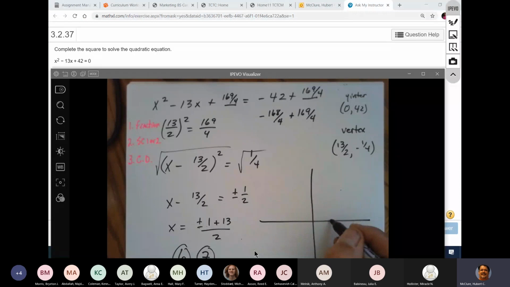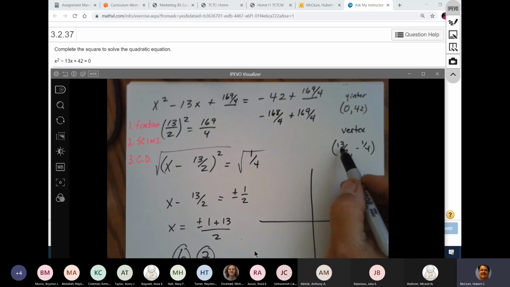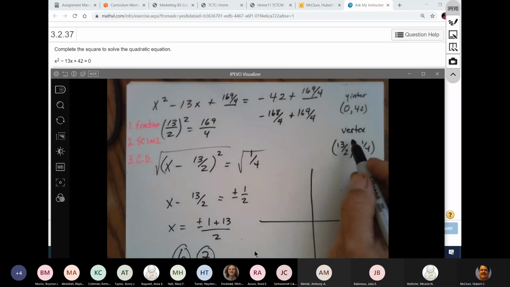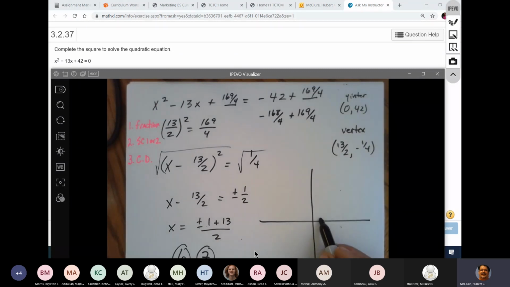Wow, something's not right. Hold on, 13 halves. 13 halves is 6.5. 6.5 in the X direction. 1, 2, 3, 4, 5, 6.5. And negative 1/4. Okay. All right.